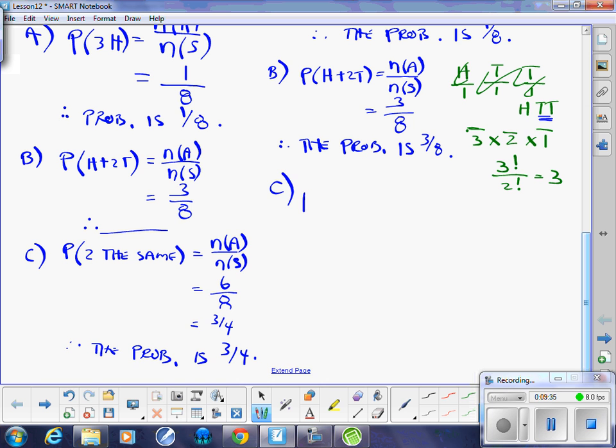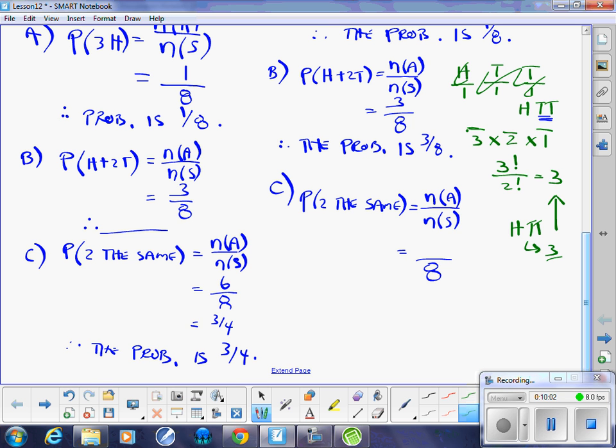So the probability of 2 the same is N of A over N of S. Again, I know my denominator is going to be an 8. So how do I figure out that numerator? There are a bunch of different ways. We can have a head and 2 tails in any order, and we knew that gave me 3 outcomes from above.